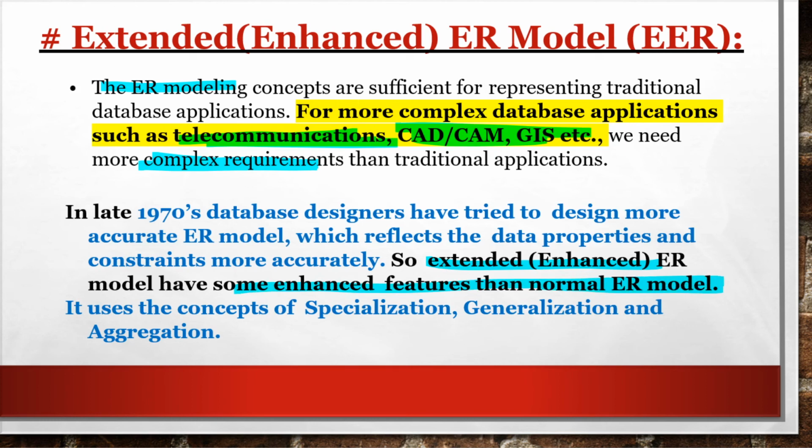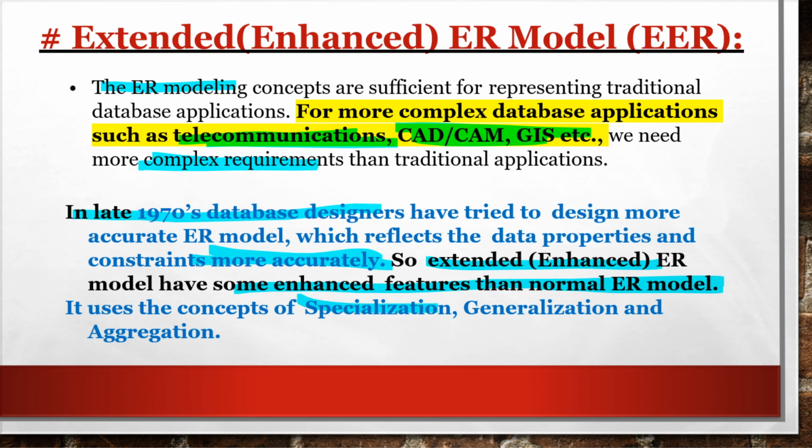That's why in the late 1970s, database designers tried to design a more accurate ER model which reflects the data properties and constraints more accurately. So they came up with the EER model in the late 1970s.